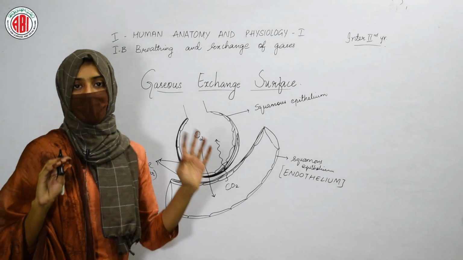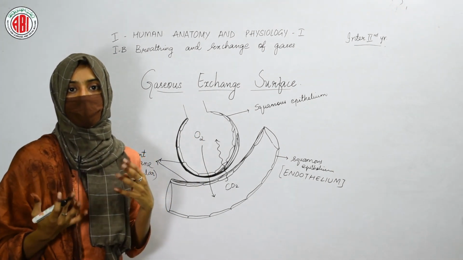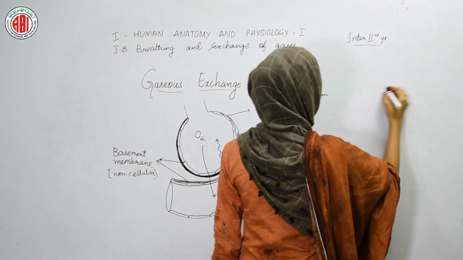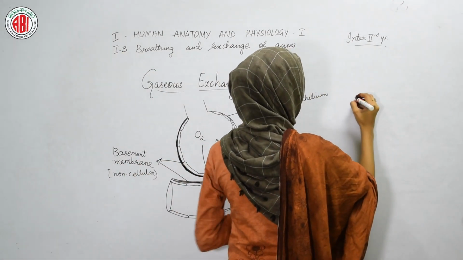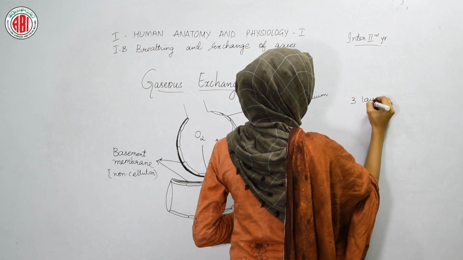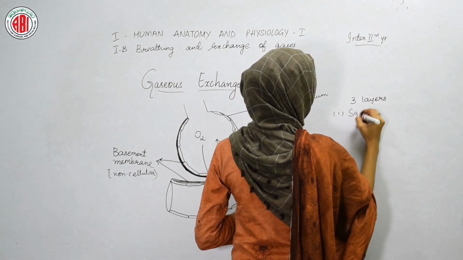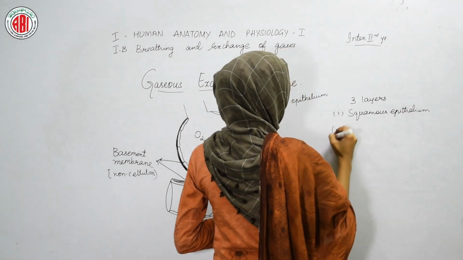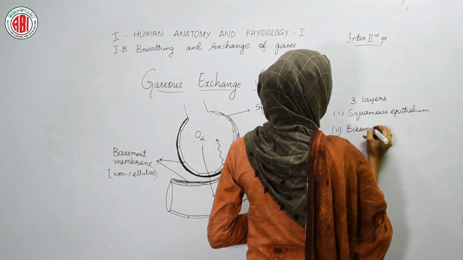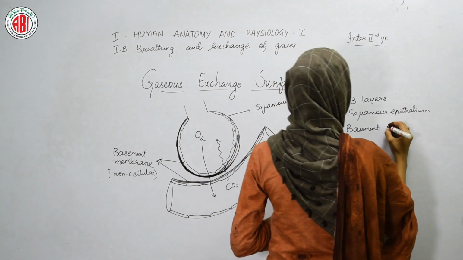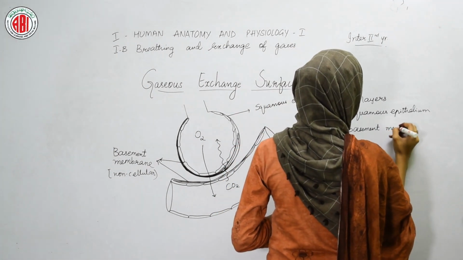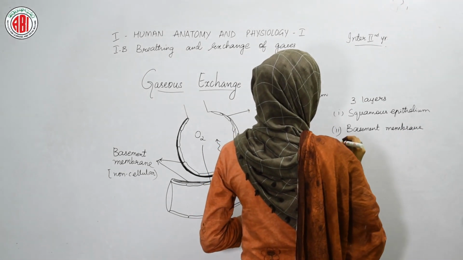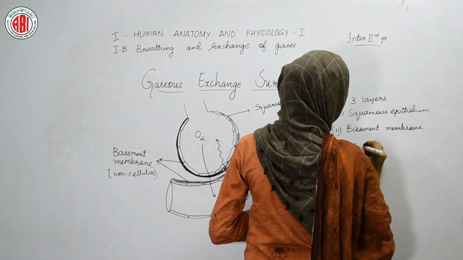Now let us see the layers present at the surface for the exchange of gases. For the process of gaseous exchange, 3 layers are found. First one is the squamous epithelium of the alveoli. The second one is the basement membrane, which is present at the walls of both alveoli and blood capillaries. And the third layer for the process of gaseous exchange is our endothelium.